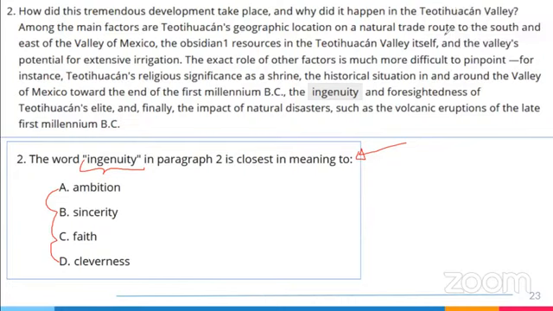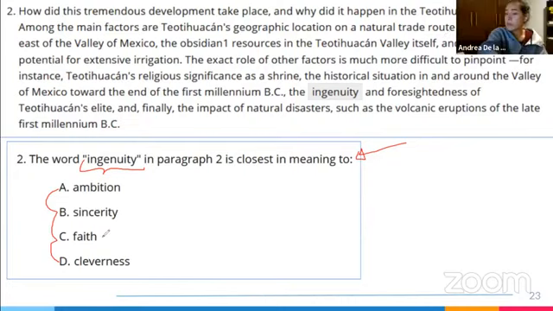A little bit of faith, maybe. Faith? Okay, could be faith. Anybody else that knows the word?